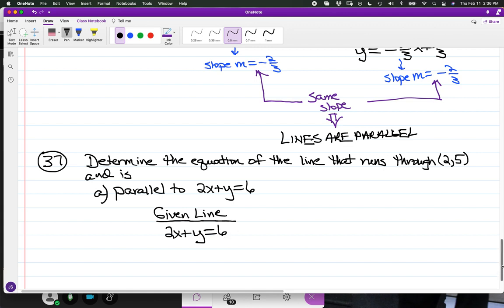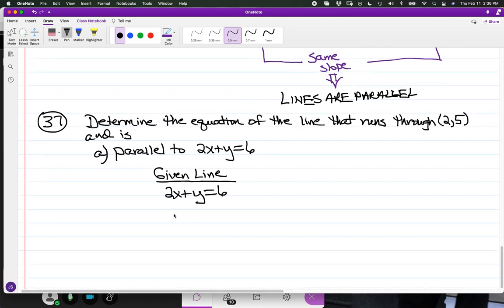And if we get the y term by itself, so as to translate this equation along the lines of the slope-intercept form, upon taking 2x away from both sides, we have the slope-intercept equation, y is equal to negative 2x plus 6.